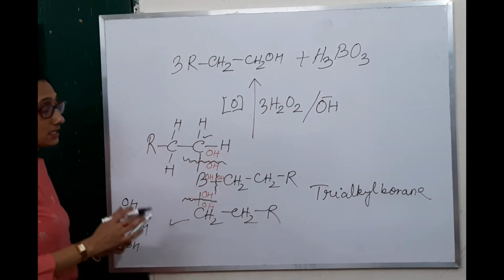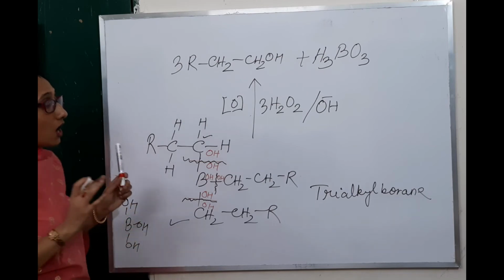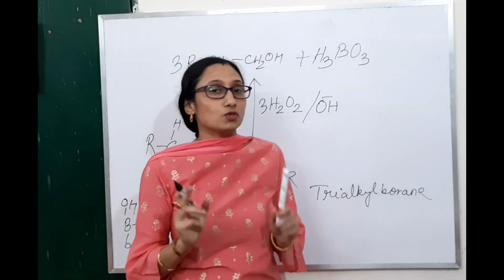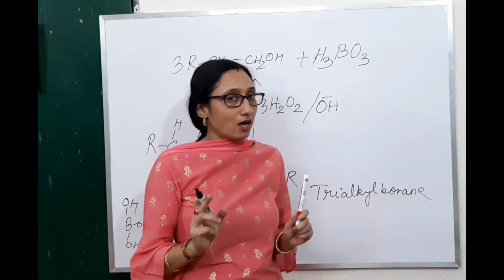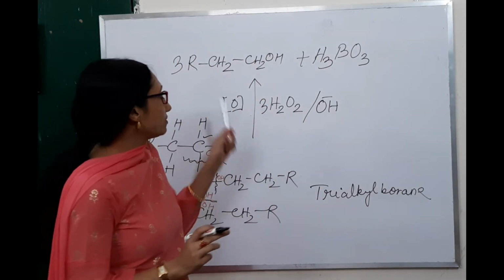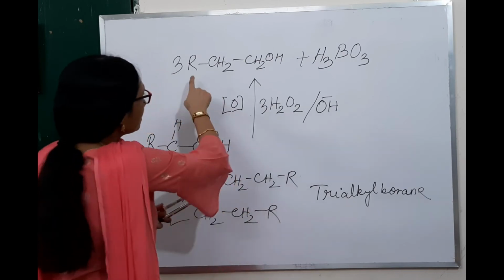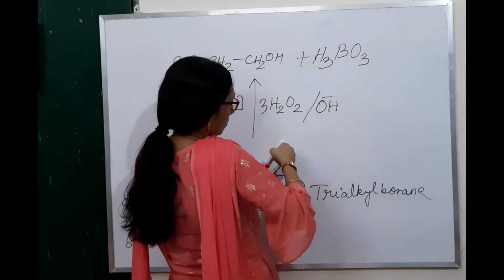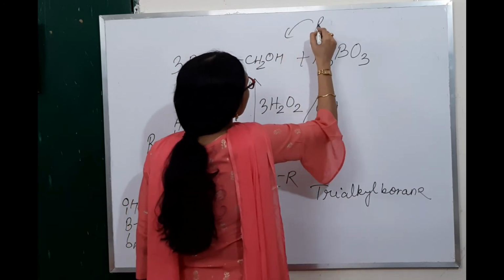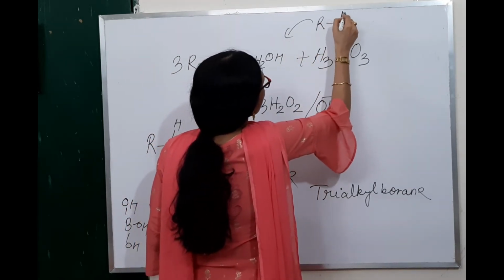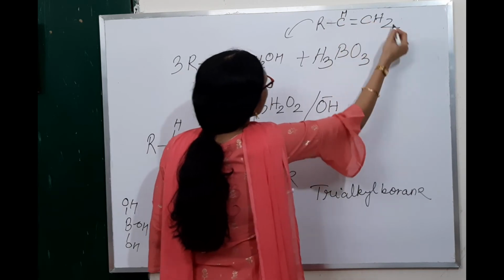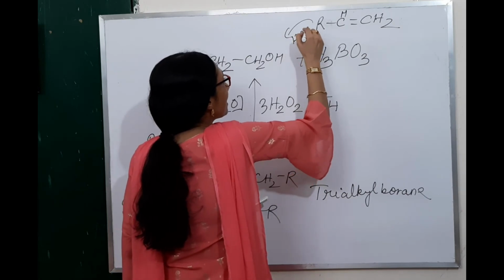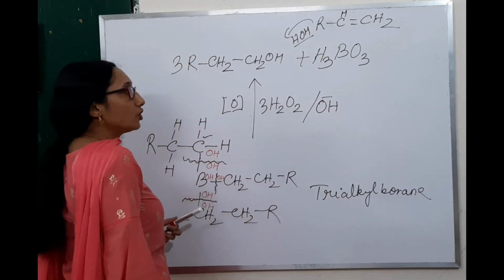So this hydroboration followed by oxidation ultimately leads to the anti-Markovnikov's addition of water. See this, RCH2CH2OH. Our starting alkene was RCH=CH2, so water is added here according to anti-Markovnikov's rule.